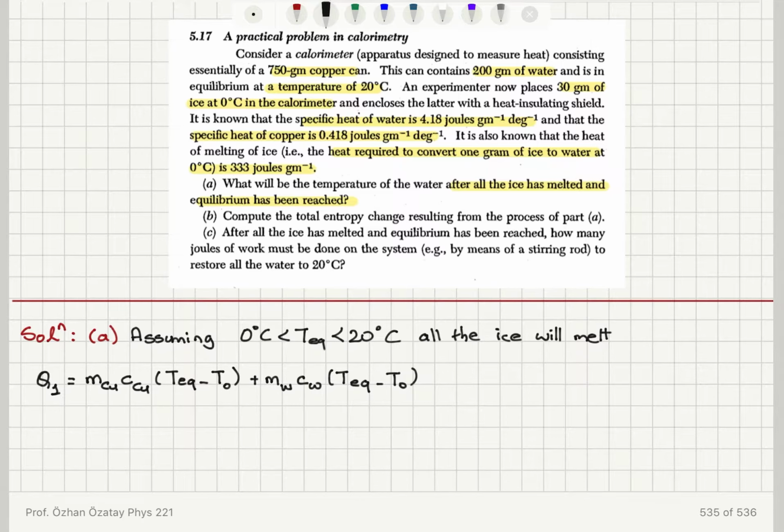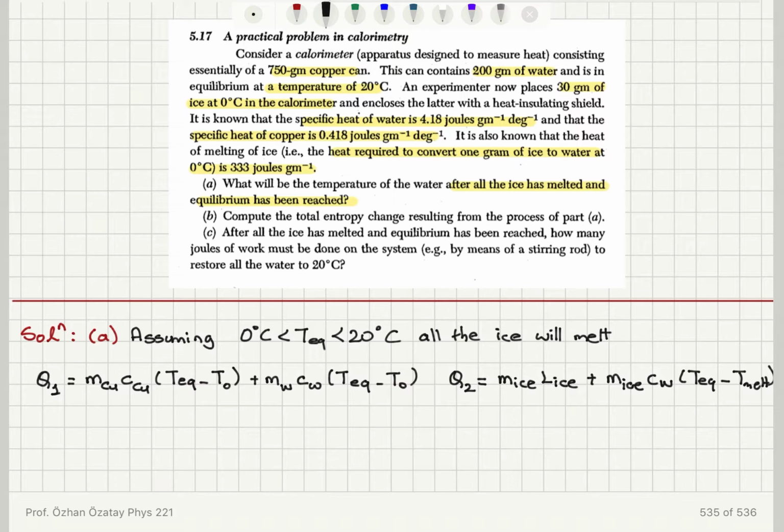And on the other hand, I have system 2, Q2. The heat absorbed by ice will be mass of ice times latent heat of fusion of ice, or latent heat of melting, plus now it's turned into water, so mass of ice which has turned into water, specific heat of water, the equilibrium temperature minus the melting point temperature.